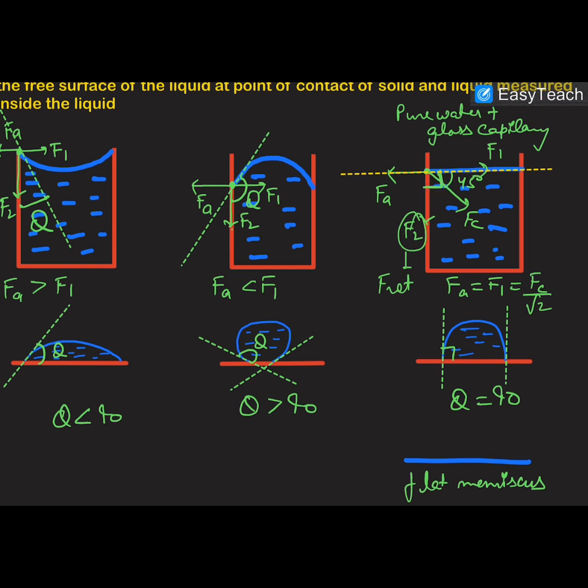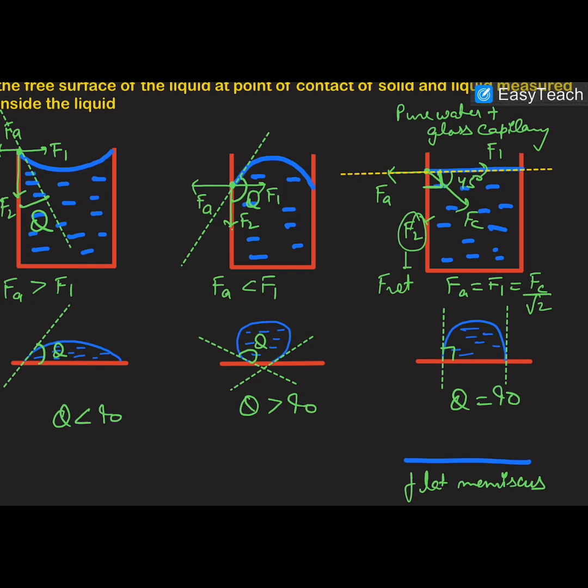So we have to measure the angle which is inside the liquid. So this angle is 90 degree. So we can say that the angle of contact is the angle made by the tangent drawn to the free surface of the liquid at the contact point with the solid surface, measured inside the liquid. Okay, I feel that now you would be getting this definition correctly.